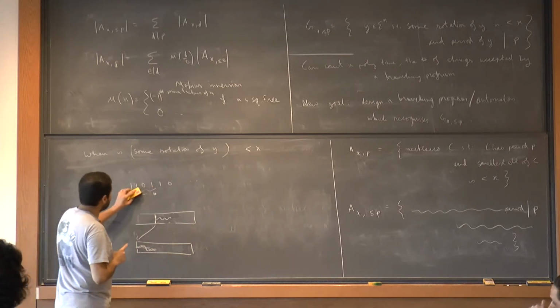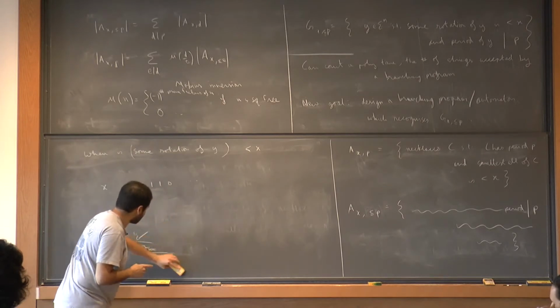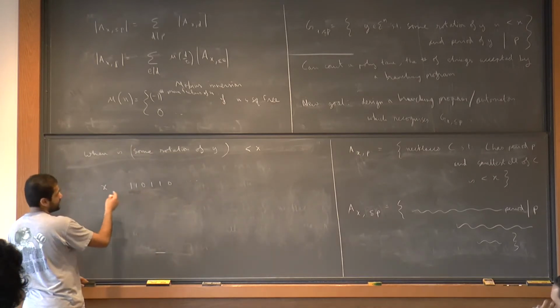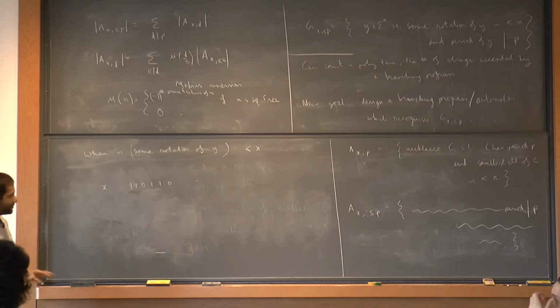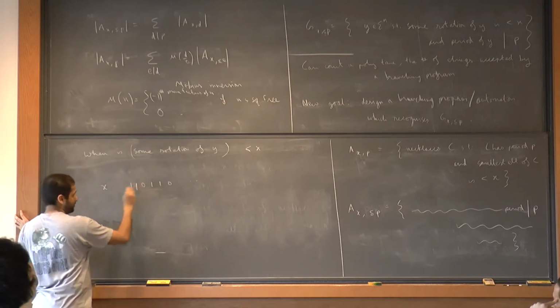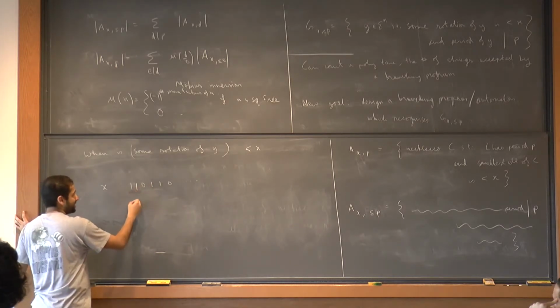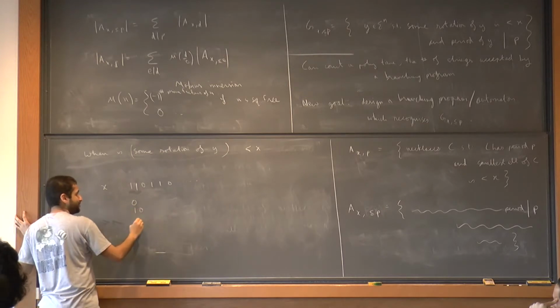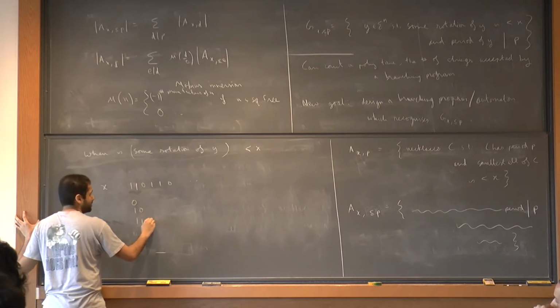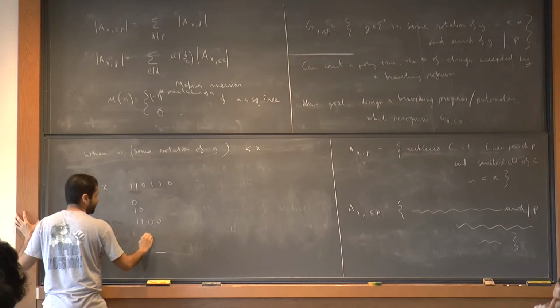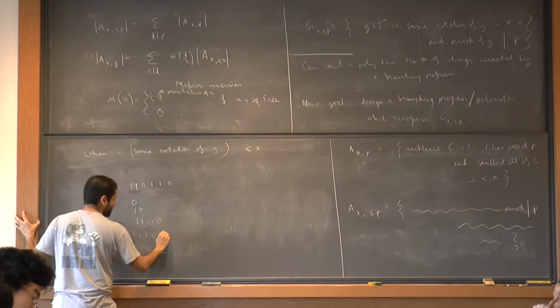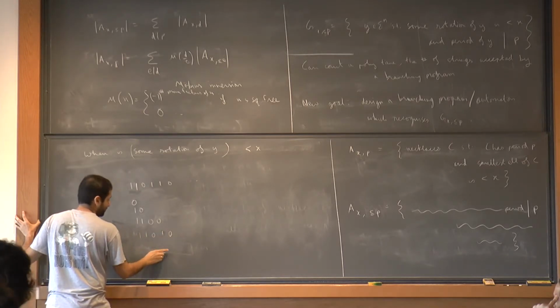So let me do the following. Here is x. I've gone to binary just to make things neat. I list the following strings: 0, 1, 0, 1, 1, 0, 0, 1, 1, 0, 0, 1, 0, dot dot dot.